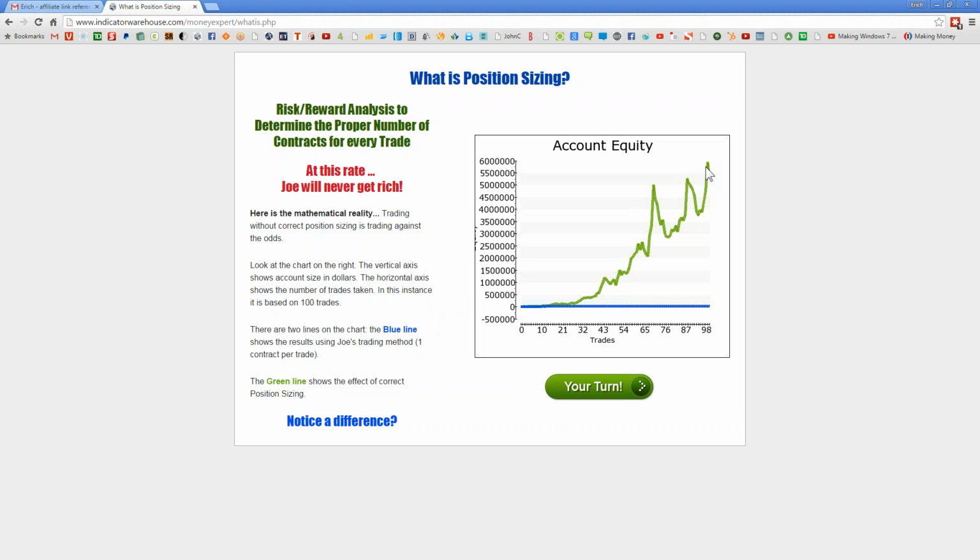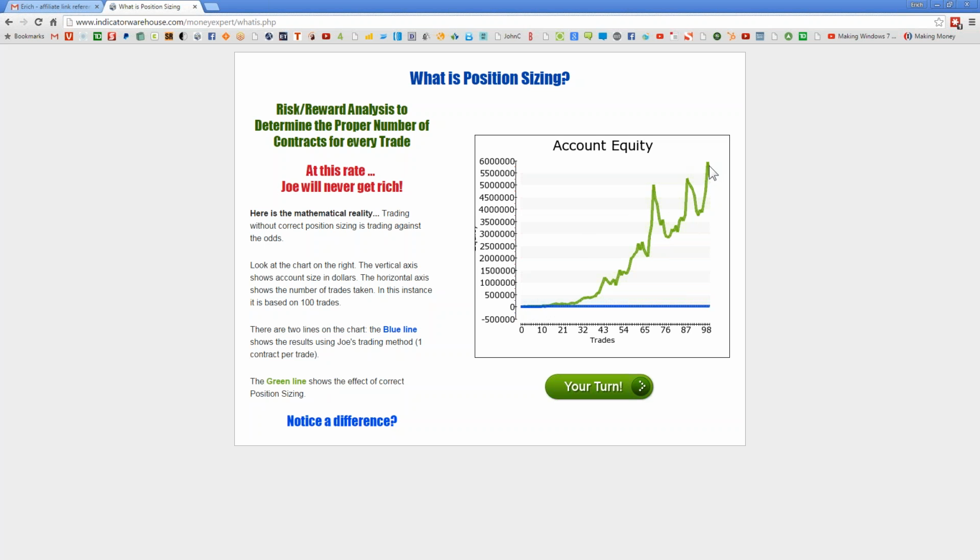Okay, well, I don't like to see it like this because this is more one of these mathematical things. But mathematically, if he had taken that same winning streak where he ran $10,000 to $17,000, he could have, using correct position sizing, run it up to about $500,000.